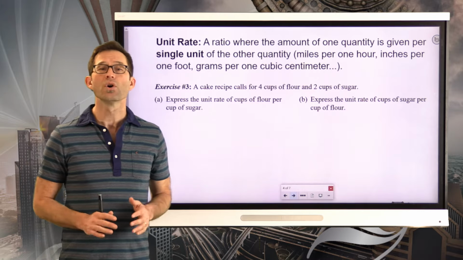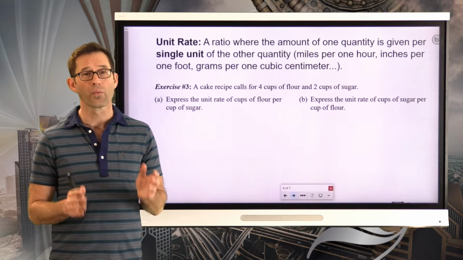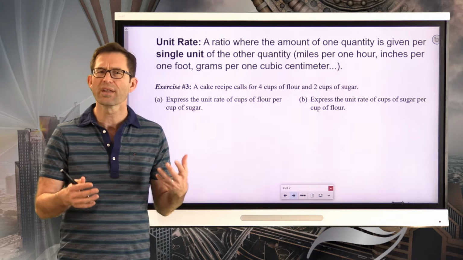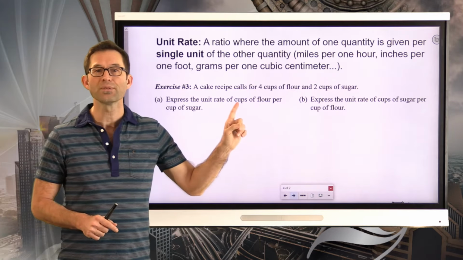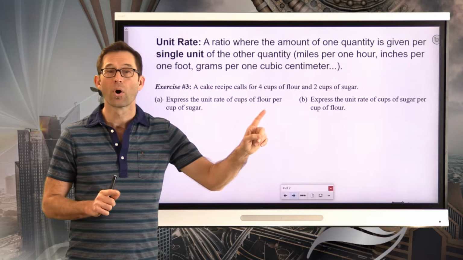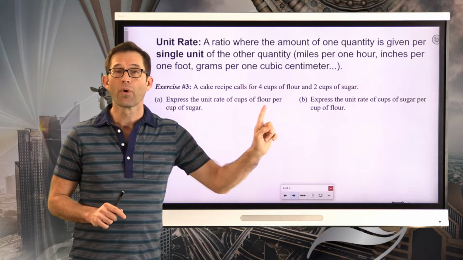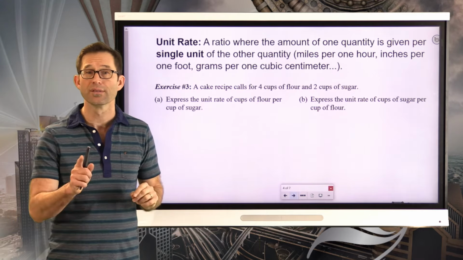All right, great. So when I'm thinking about unit rates, I want to set up my ratio using the numbers that I'm given and just take a look at it. What I'm looking for is the unit rate of cups of flour per cups of sugar. The first thing will be in the numerator, per is the fraction bar, and the second thing is in the denominator.